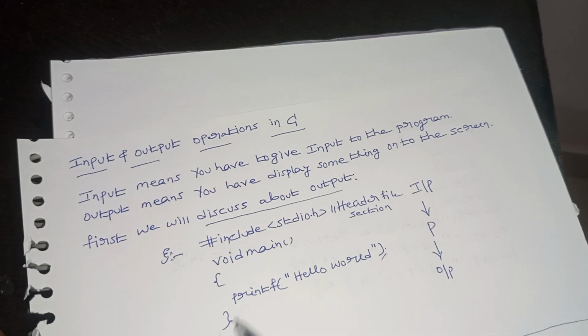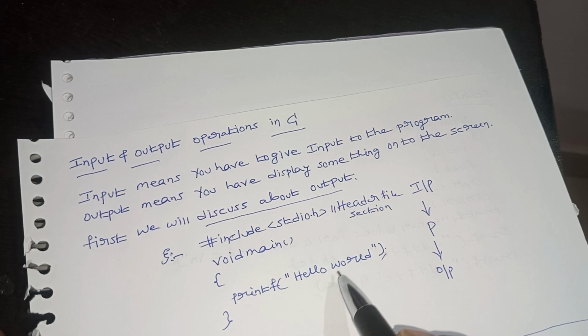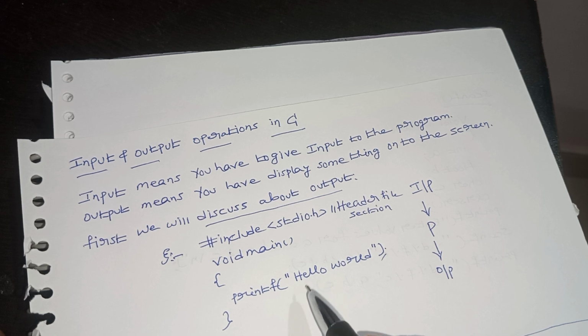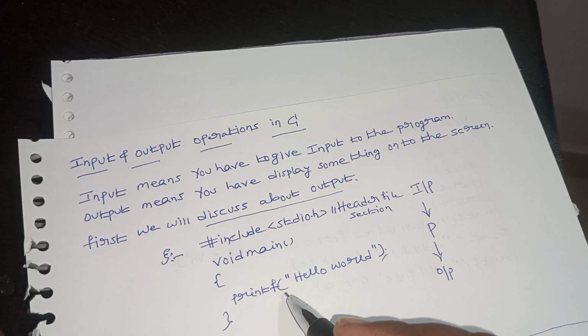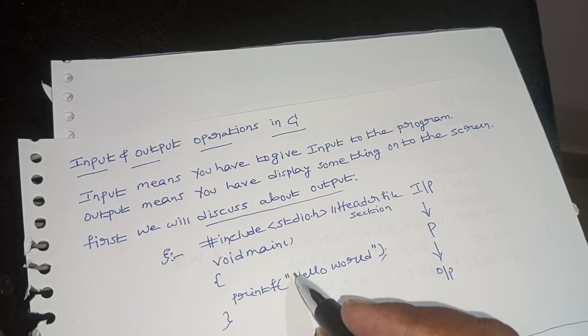In C programming language, if you want to print anything onto the screen, there is a function called printf. Using printf, I am able to print anything onto the screen, nothing but a monitor. Always make a note: in the printf function you have to include the text in double quotes.